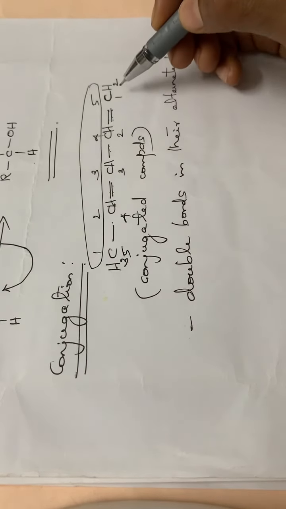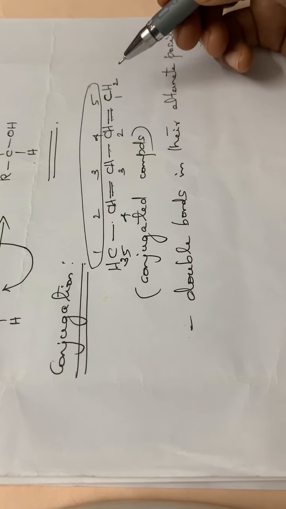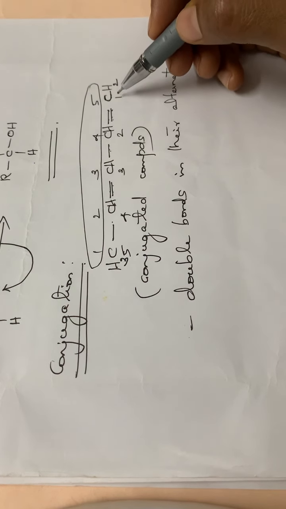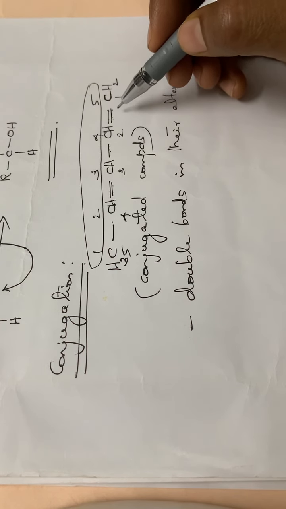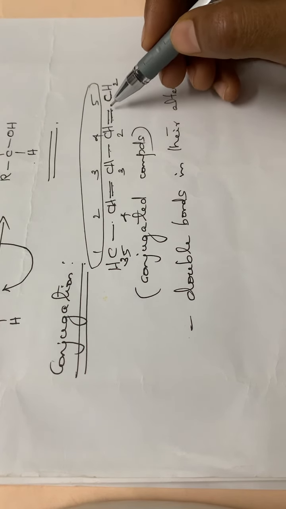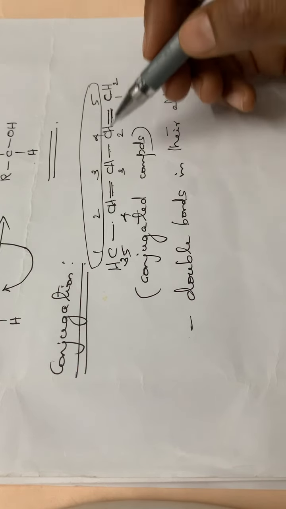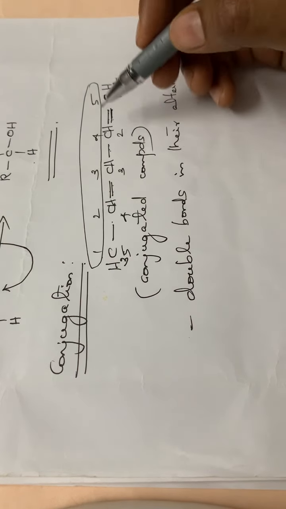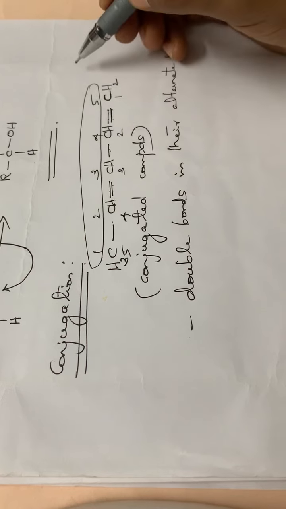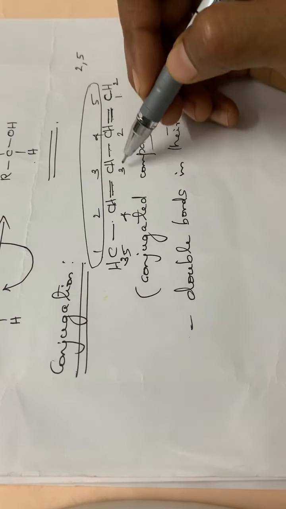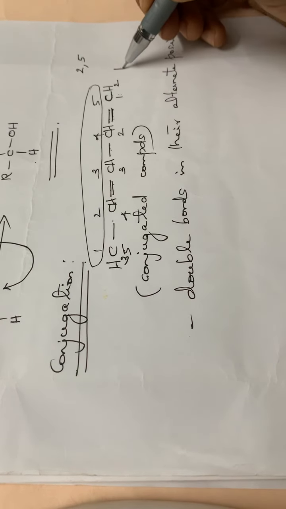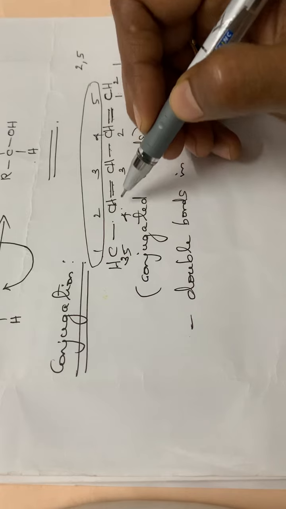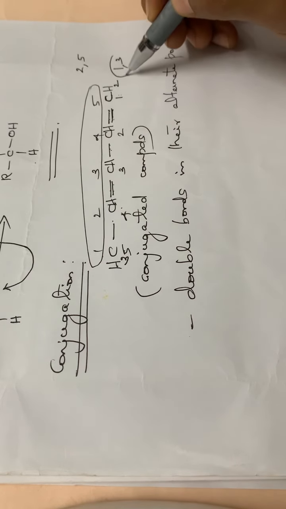In numbering, there is a rule that the functional group should get the least number. Here the functional group is the double bond. If we number in this way, we have double bonds at the second and the fifth position, right? But in the second case, if the numbering is done in this manner, the double bonds are at 1 and 3, isn't it?